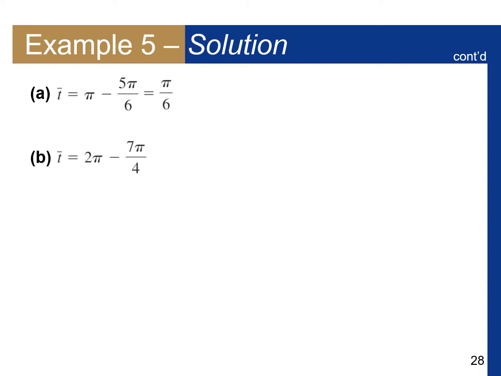If I have 2 pi minus 7 pi over 4, I will get pi over 4. If I have pi minus 2 pi over 3, I will get pi over 3.